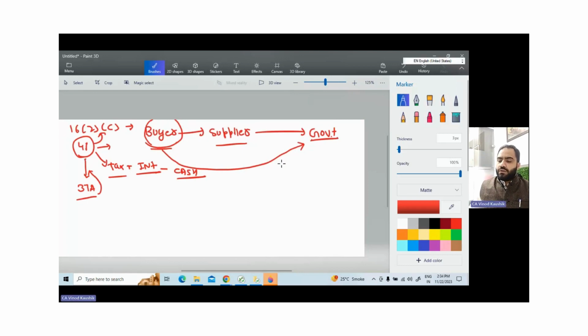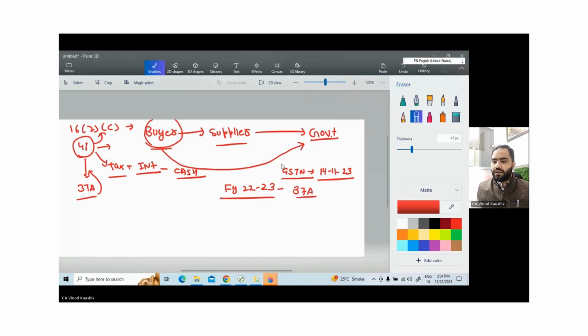Now GSTN has issued an advisory, and in that advisory, on 14th of November, they are saying that from financial year 2022-23 they are going to put a check and balance to ensure compliance with 37A.